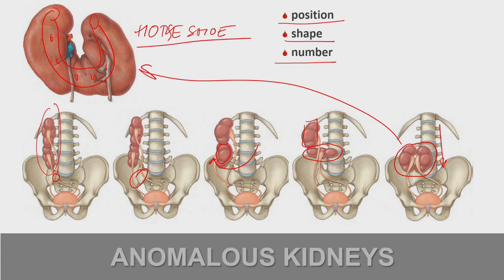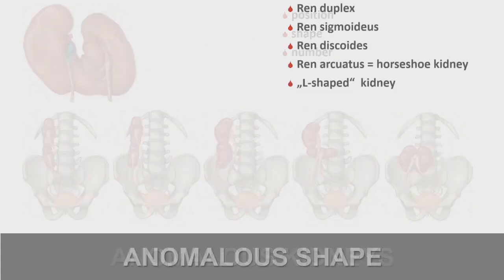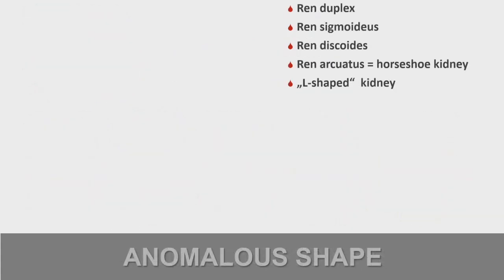So those anomalous positions very frequently are associated with anomalous shapes. So when we have renduplex, it is frequent that we have two kidneys on one side.